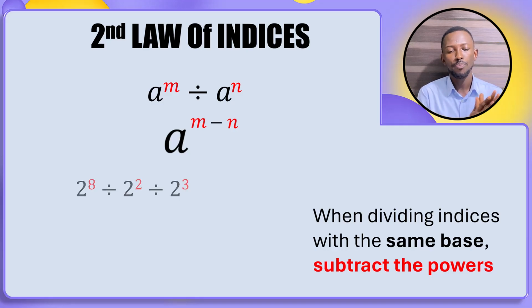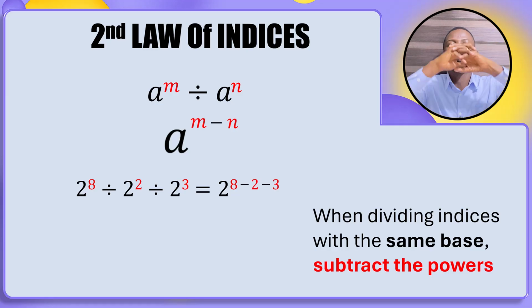So we'll pick an example. You have 2 to the power 8 divided by 2 to the power 2 divided by 2 to the power 3. First off, they have the same base, 2, and the powers are different. So what we have to do is just pick the base, which is 2, and subtract the powers. The first power is 8, minus the second power, 2, minus the third power, 3.